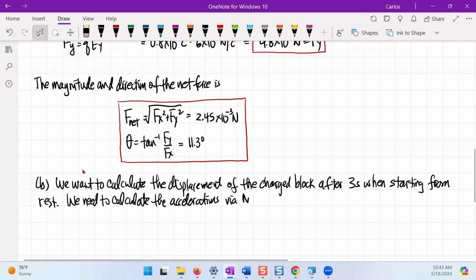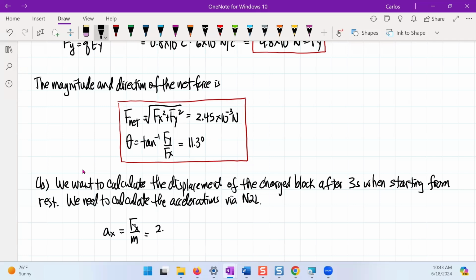Via Newton's second law, the acceleration in the x direction is the force divided by the mass. So this should just be 2.4 times 10 to the minus 3 newtons divided by 10 times 10 to the minus 3 kilograms, and I'm going to get 0.24 meters per second squared.